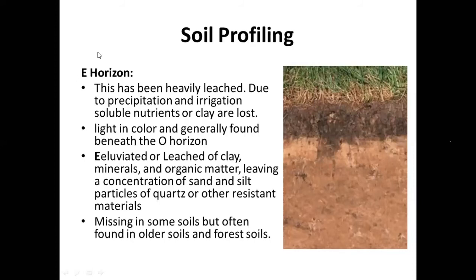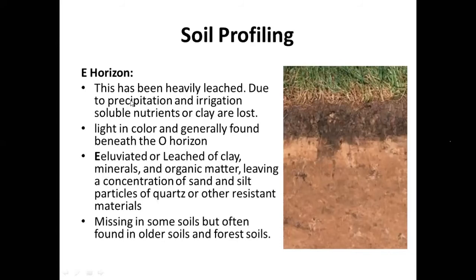So if the soluble nutrients and clay are lost from the E horizon, then the color will be light. The color will not be dark, and it is generally found beneath the O horizon. This E horizon is found under the O horizon. We will be talking about the O horizon in the next slides.